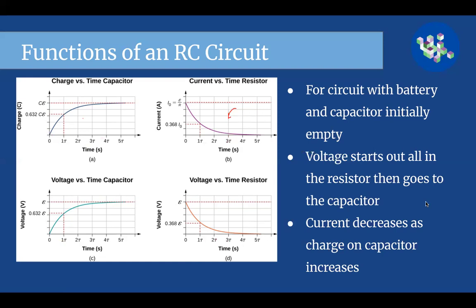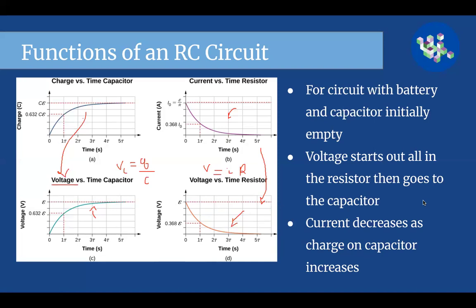For the voltage, for VC, you can just do Q over C, so you take this function and divide it by C. And for the resistor's voltage, V equals IR, you can take this function and multiply it by R.